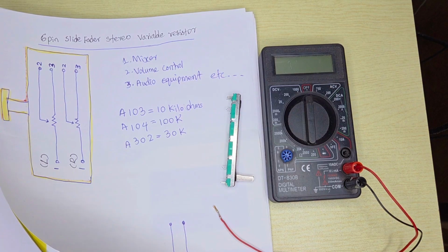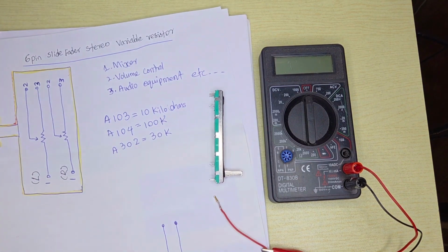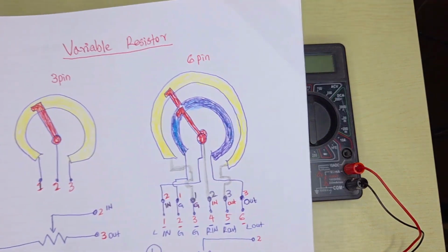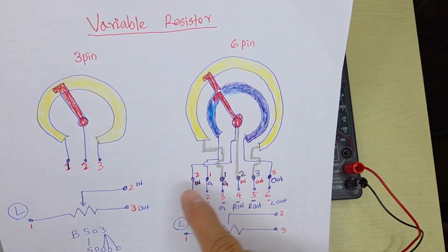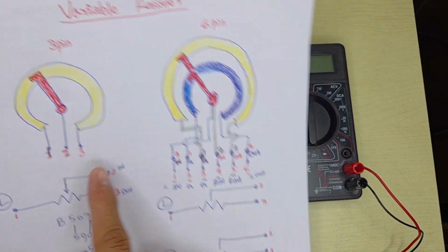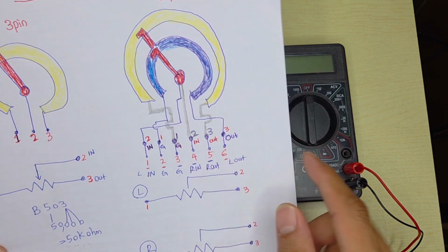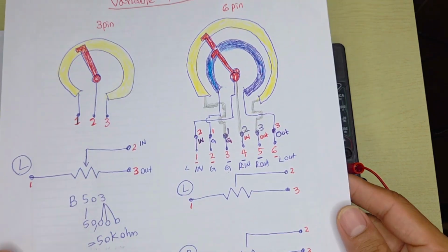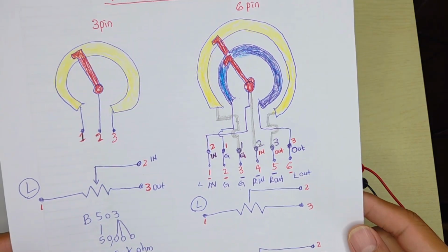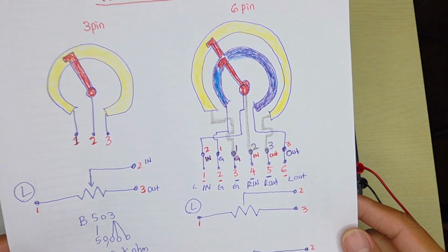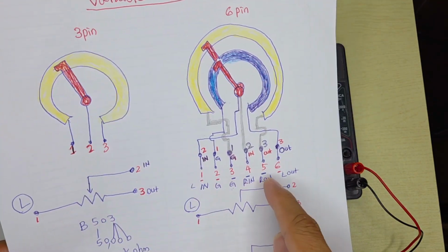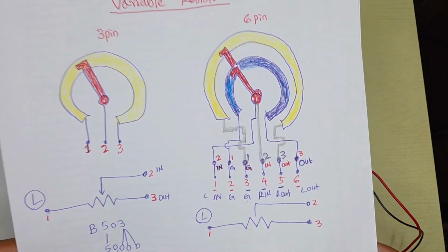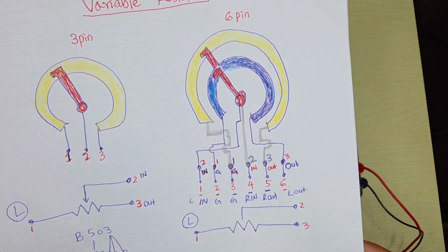Previously I already made a video on how to test a variable resistor, which is 3-pin and 6-pin. Those are the round types. This is the 3-pin type, and this is the 6-pin type. There are many types, but I already explained them in the other video, so you can check the link if you want to know about the 3-pin and 6-pin.